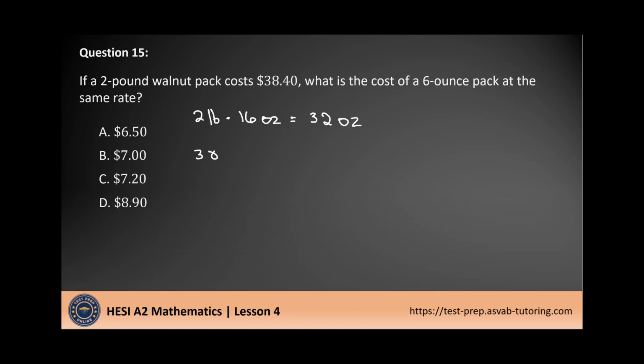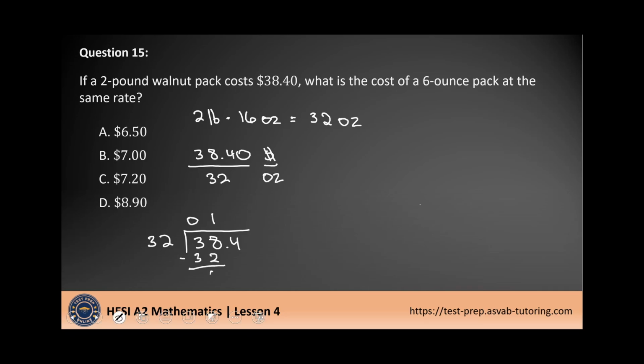So we're going to do 38.40 divided by 32 ounces. So this would be dollars per ounce. We're going to need to long divide. So 38.4 is being divided. That's going to go inside of the box. 32 is doing the dividing. That's going to go outside the box. 32 does not go inside 3. 32 goes inside 38 one time.